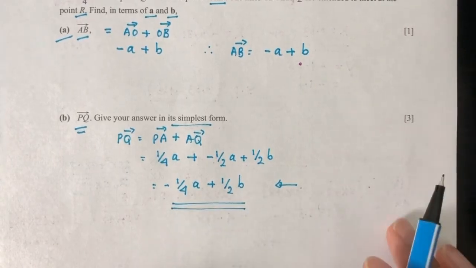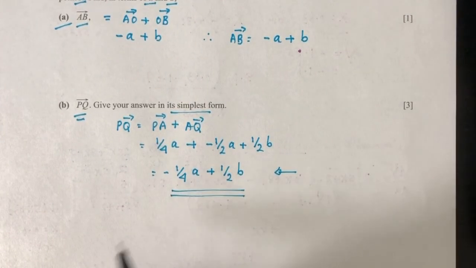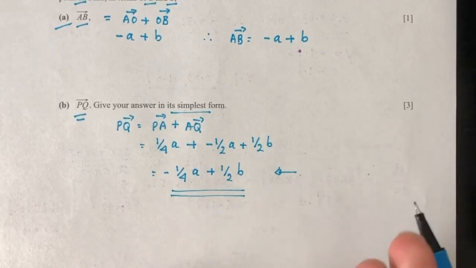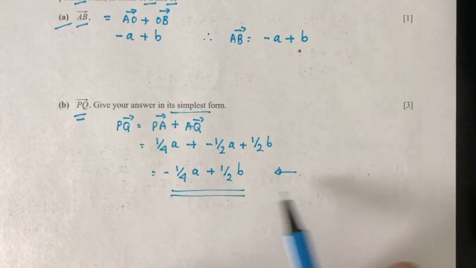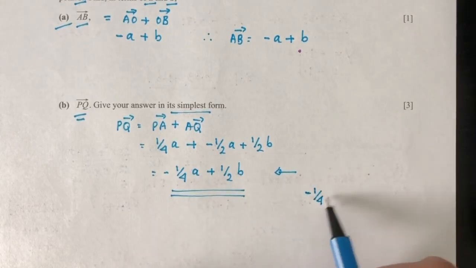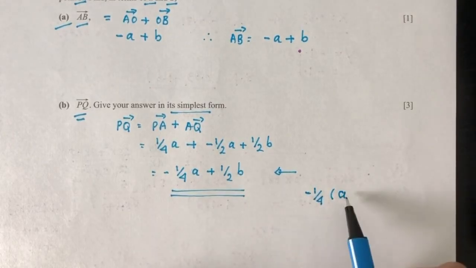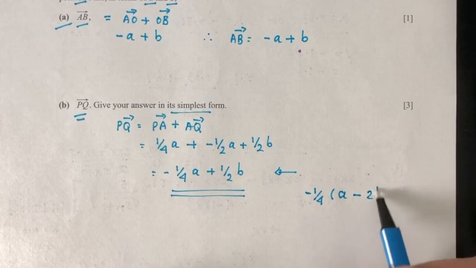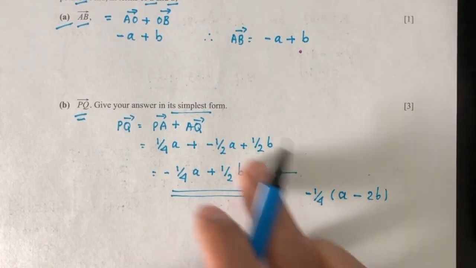Now if you want to, you can also take the fraction outside. Let's say if you take out minus 1/4 outside, you'll have A minus 2B. But you don't need to do that. That is enough for your answer.